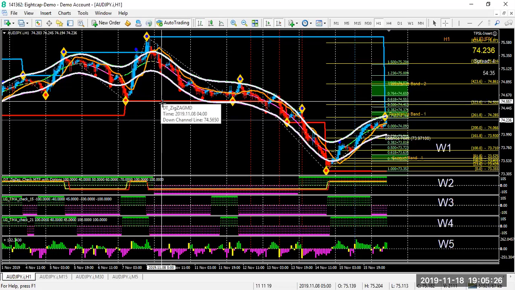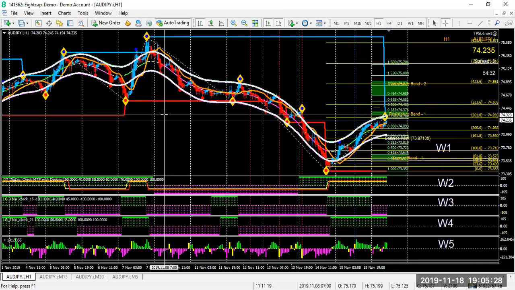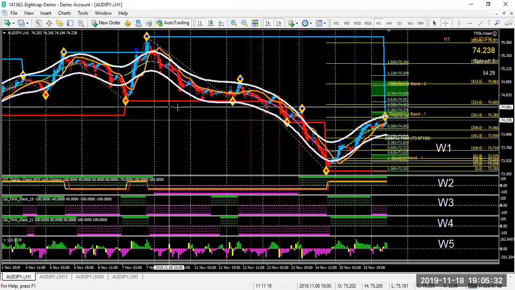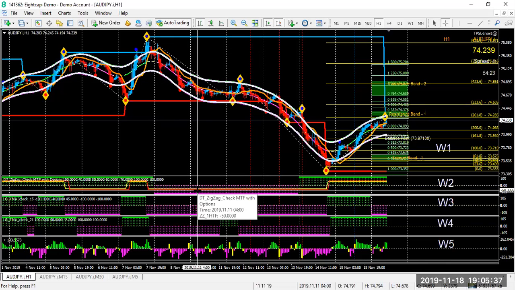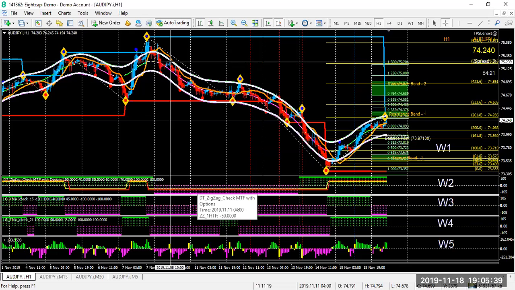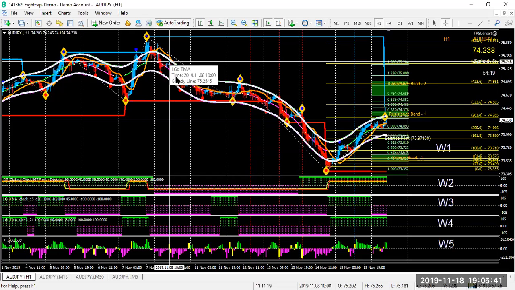If it passes that, then it goes to the next channel line. That helps you with taking profit, and any time price action moves back to the sell zone, you can virtually take a trade.